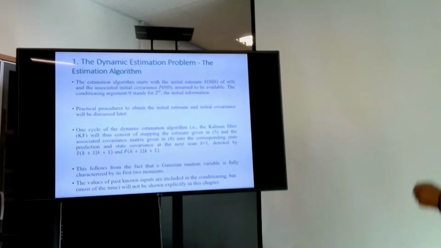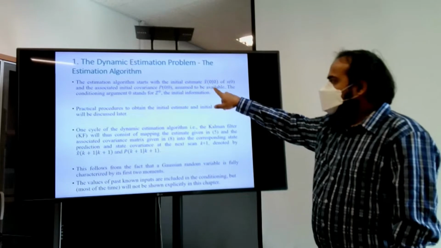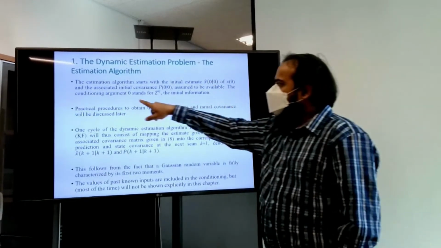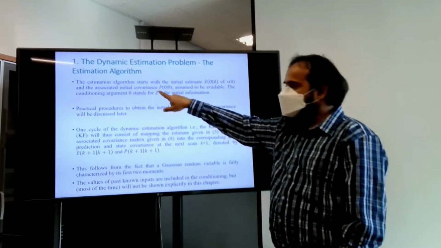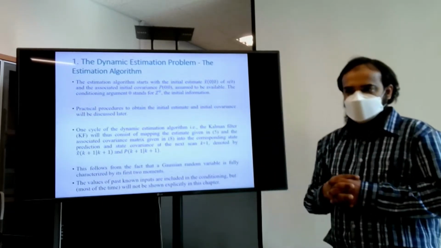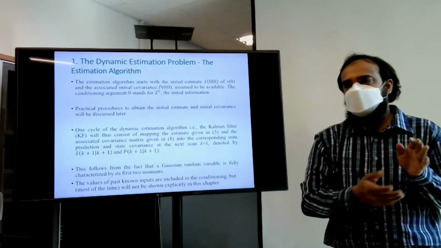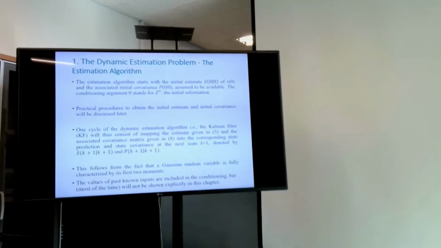Your algorithm will start with the initial estimate, which is assumed to be available, and the conditioning argument 0 stands for z of 0, the initial information, the first measurement of z.